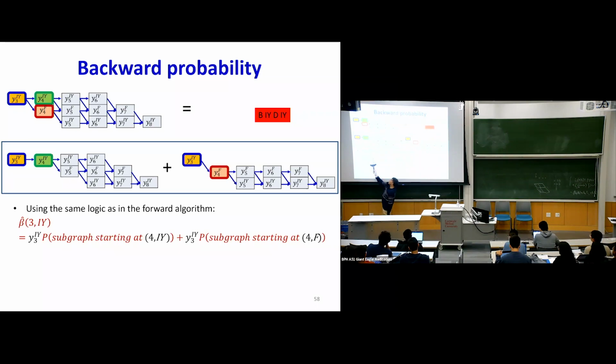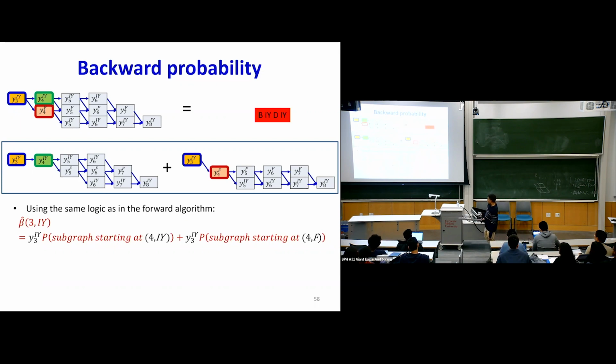What is this one? This is y_3^E times beta hat of 4E, right? What about this one? Say y_3^E times beta hat of 4F. So you see how that whole thing works out, right?